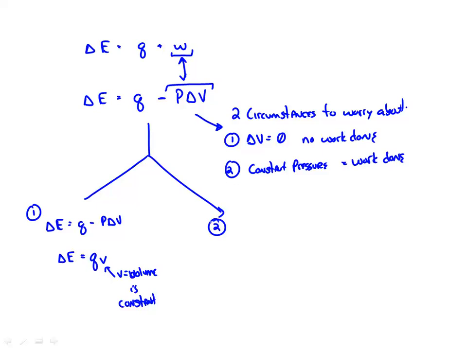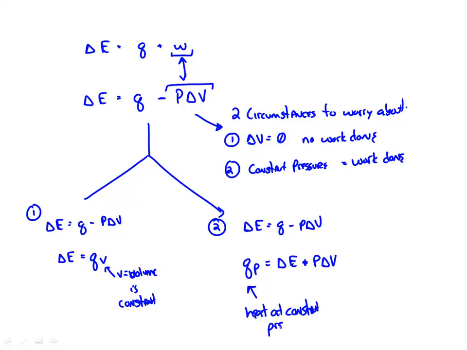The second equation is basically delta E equals Q minus P delta V again. And here we're going to say that this is at a constant pressure, in which case we can say that Q at constant pressure is equal to delta E plus P delta V. And so this is the amount of heat at constant pressure, or what it really is, it allows work to be done.